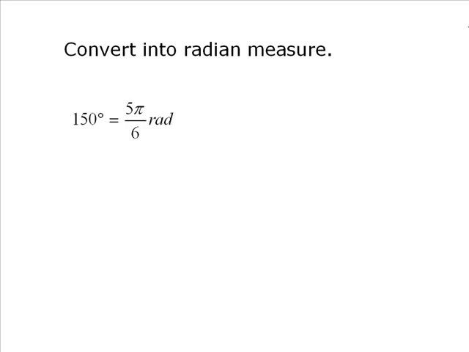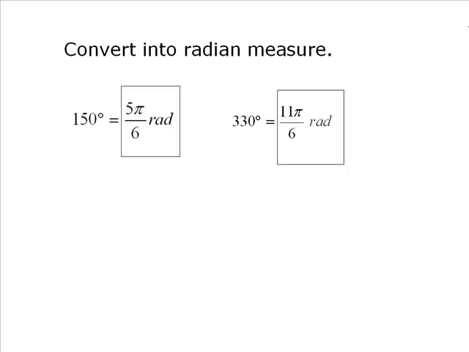So 150 degrees is equal to 5 pi over 6 rads. You can either do that by multiplying by pi over 180 and reducing, or you could do it simply by looking at that circle and remembering it. 330 is 11 pi over 6 rads. So we've got 2 answers right there. But if the question gives you the domain in rads, you need to give your answer in rads as well.